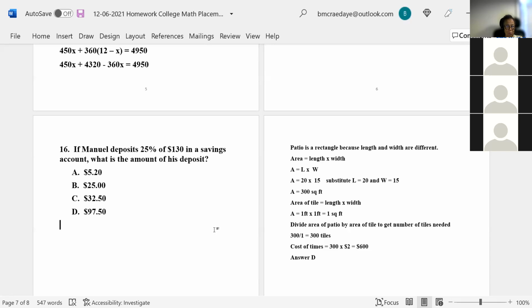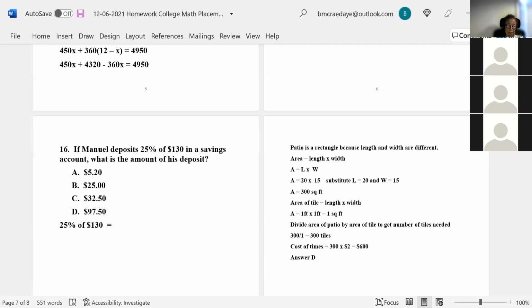Whenever you say percent of something, that's a multiplication. 25% of $130 is a multiplication. You have to make the percent a decimal.